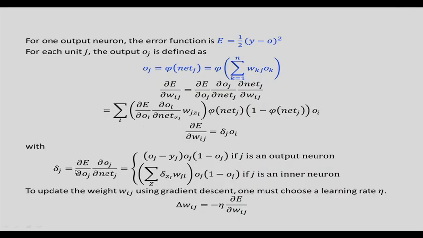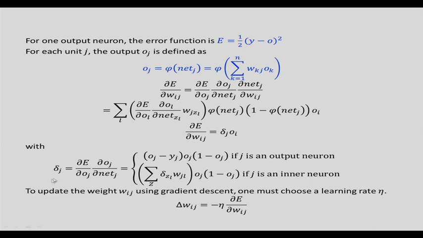Delta j is given by del E by del Oj times del Oj by del net j, which is equal to (Oj minus Yj) times Oj times (1 minus Oj) if j is an output neuron, that is, if I am at the last layer. Otherwise, it is recursively computed as sigma over l of delta l wjl times Oj times (1 minus Oj) if j is a neuron in the hidden layer.